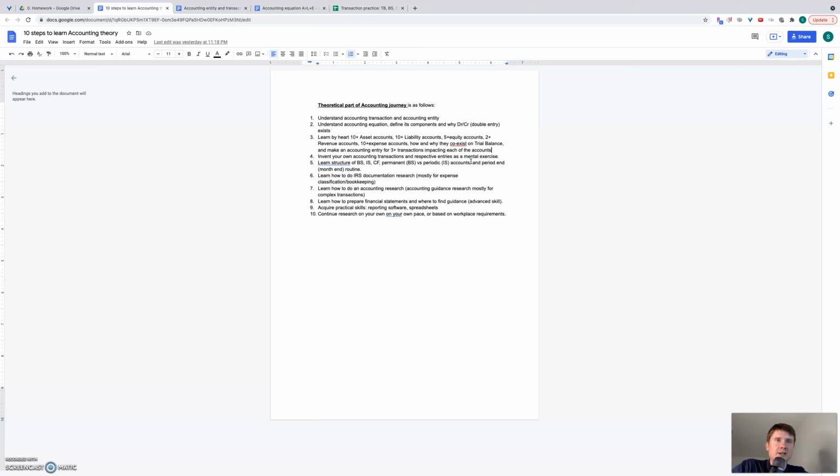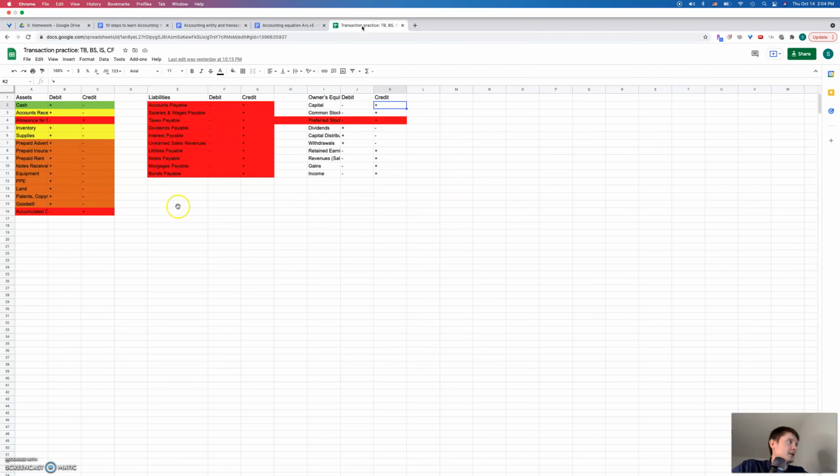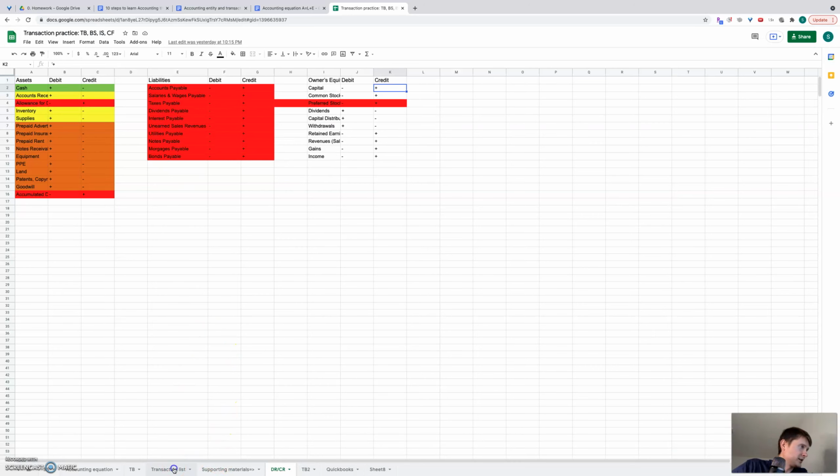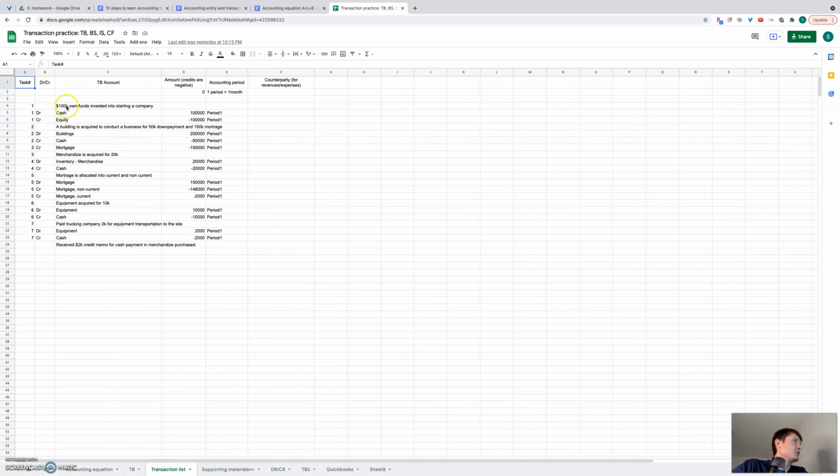the actual transactions. On the third step, you go find any accounting exercises or transactions, and you make accounting entries with debits and credits. And that will be something like that. You've got a transaction: someone invested $100,000 in his business, and you prepare an entry for that.